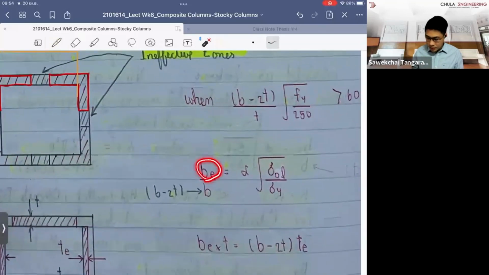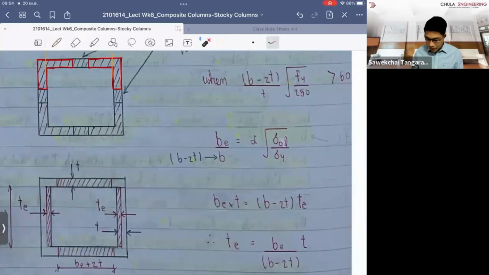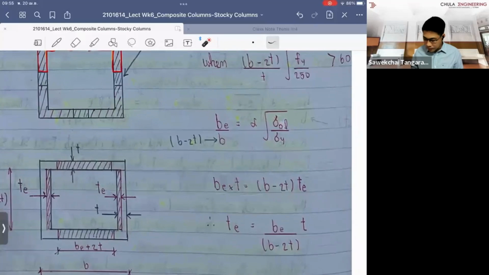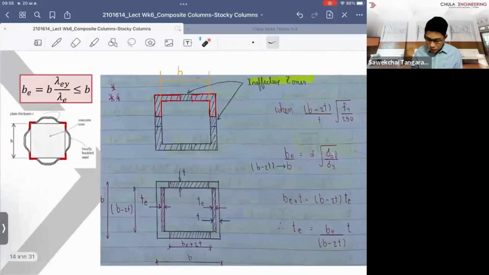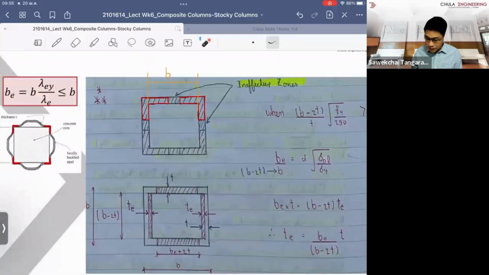BE is a fraction. One way is to use this formulation, but as I said, in this exercise we ask you to use this one here. So what does it mean?